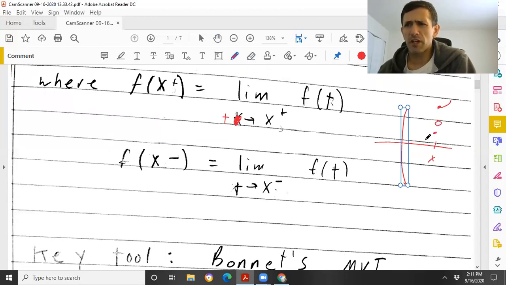You could have something like this here. Okay, so like right here would be the left-hand limit. Right here, or maybe a little higher, would be the right-hand limit. Okay. And sorry, I meant to draw two circles here, and this is a dot. Sorry about that.